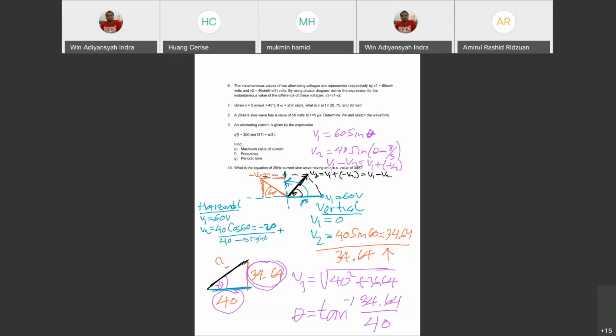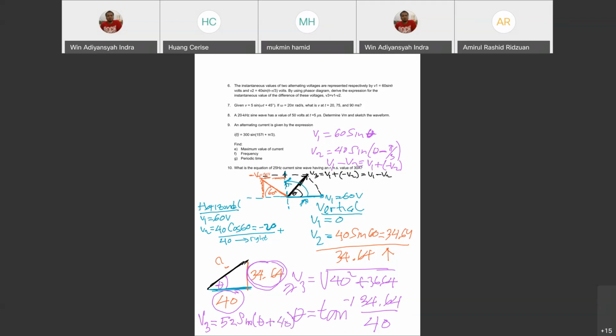If you have to write down the equation later on, you can write V3 equal to this one. What do you get for this one just now? For example, amplitude and then sine of omega t plus the degree, for example 40.